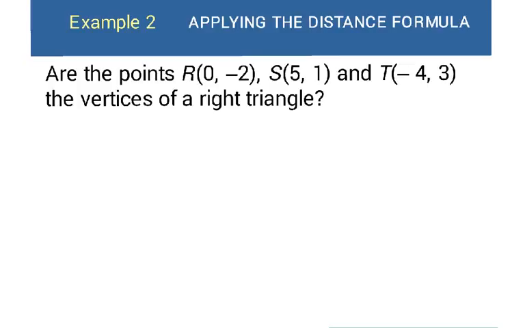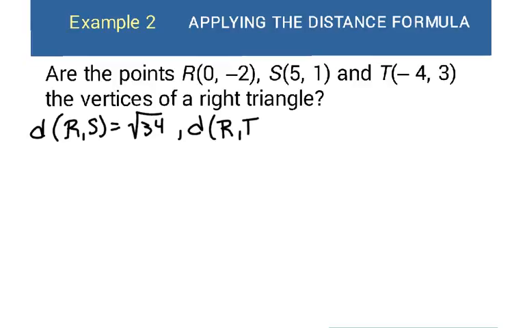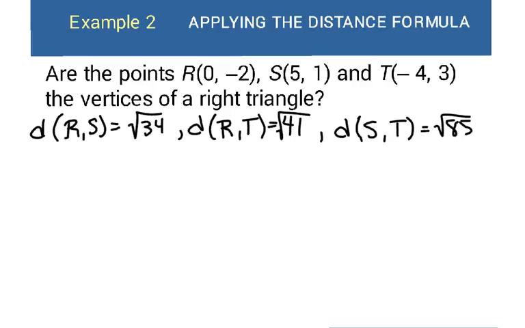Okay, so applying our Pythagorean theorem, I'm going to remind us of our distances first. The distance between R and S was the square root of 34. The distance between R and T was the square root of 41. And the distance between S and T was the square root of 85.